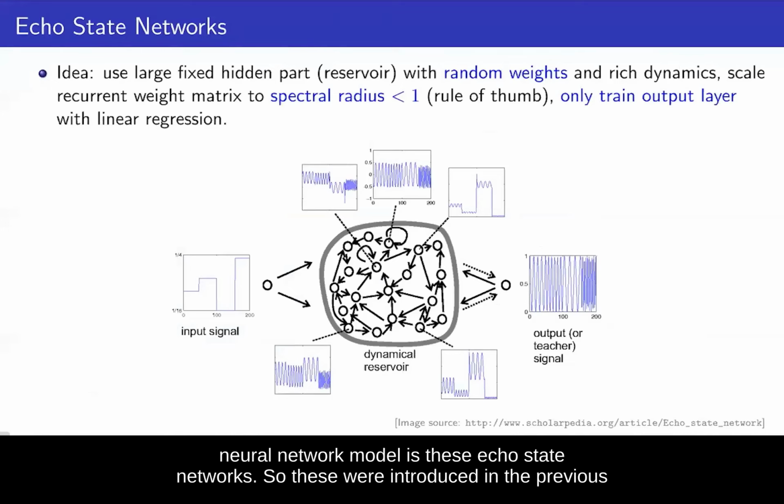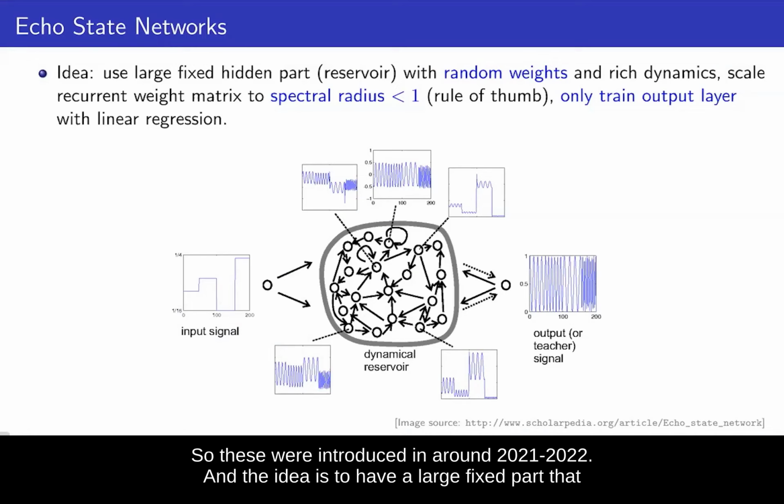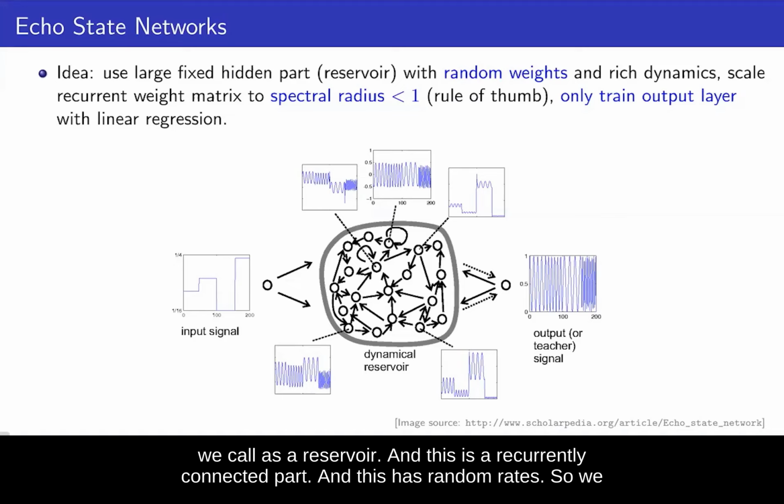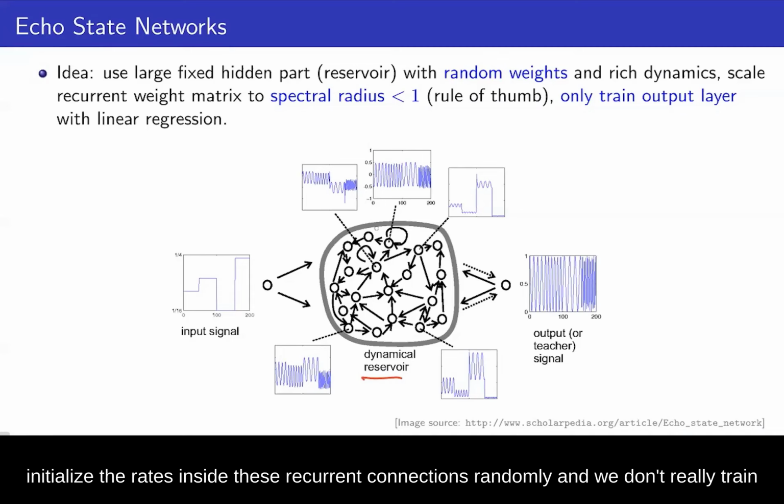Okay, so a very different recurrent neural network model is these echo state networks. So these were introduced around 2001, 2002. And their idea is to have a large fixed part that we call the reservoir. And this is a recurrently connected part. And this has random weights. So we initialize the weights inside these recurrent connections randomly, and we don't really train them.